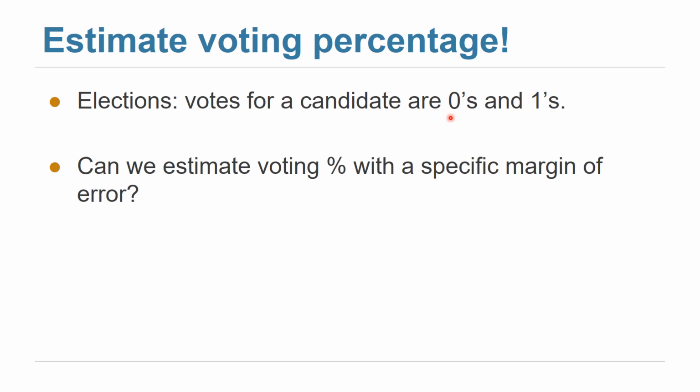Of course, if the vote is 0, it means that this vote was against the candidate, and if the vote is 1, that means that it is for the candidate. And the question is, in that scenario of the elections, can we estimate the voting percentage with a specific margin of error, or in other words, with a specific width of confidence interval?